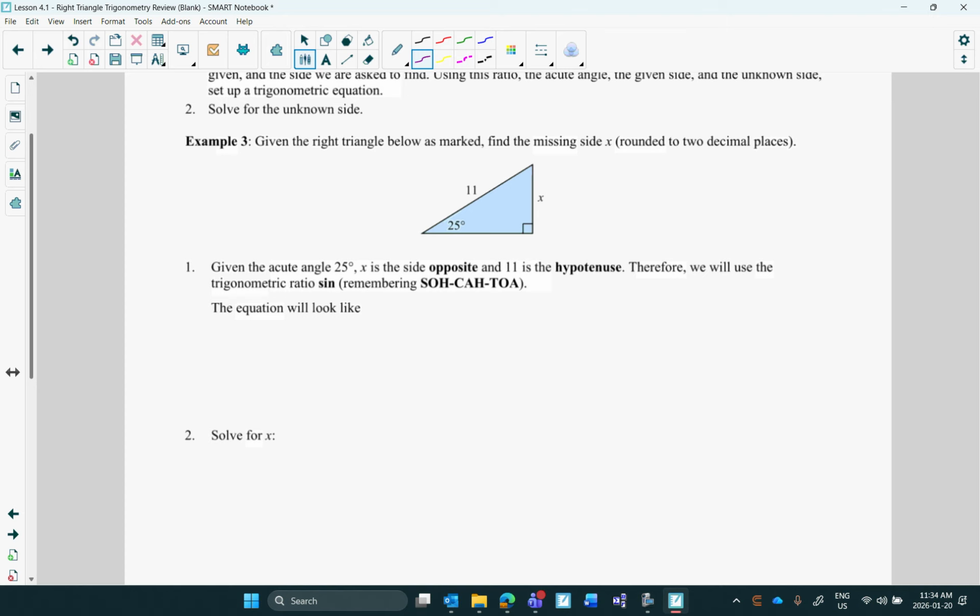Opposite, and this side, hypotenuse. So O and H means sine. So the sine of the angle, 25 degrees, will equal the opposite side, which we're trying to find, x, over the hypotenuse, 11.